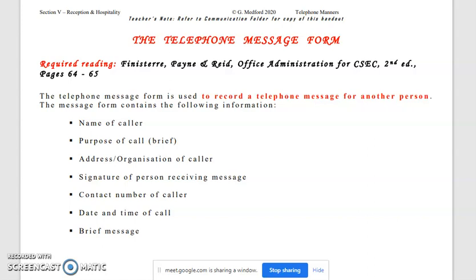Now, the first thing is the receptionist asks the name of the caller, right? Before asking their name, they let the person know that the person they called to speak to is either unavailable or absent. The absence of that person should always be explained in a positive light.